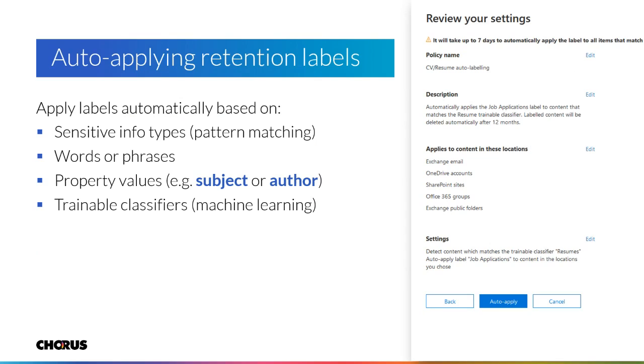When it comes to automatically applying retention labels, we can apply these labels automatically based on a few different things. The first one is sensitive information types. This is a pattern matching approach, and we'll hopefully take a closer look at this later. This is looking for specific patterns in your information. It could be very standard things like credit card numbers, driving license numbers, bank details, tax identifiers.